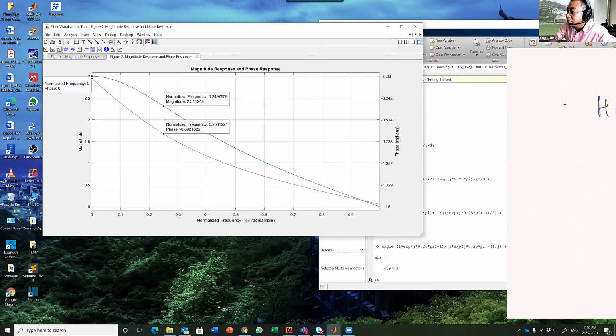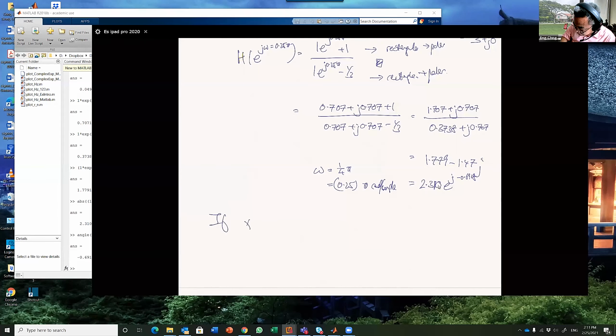Okay, so I'm going to pause again and take questions. Question: if x of n is equal to 2 plus, let's say, cosine of (pi over 4 n minus pi over 3), let's say this is 3, what is y of n?